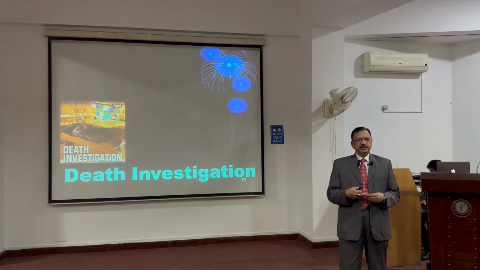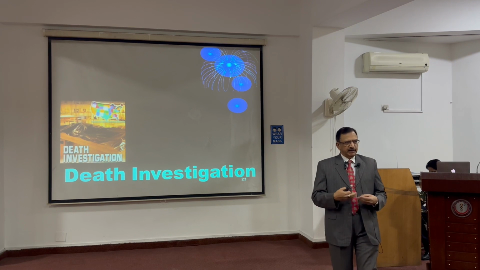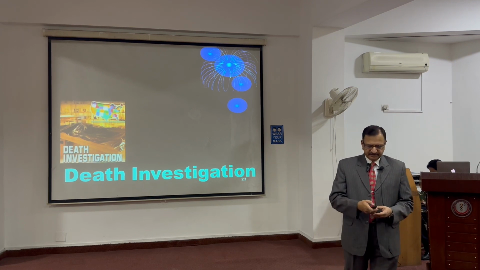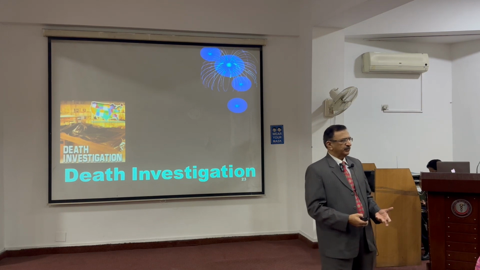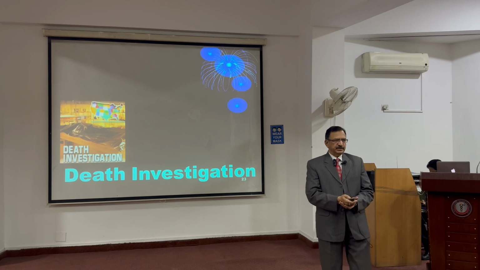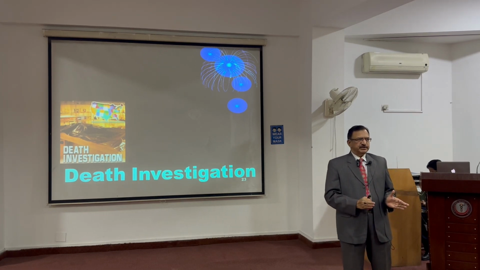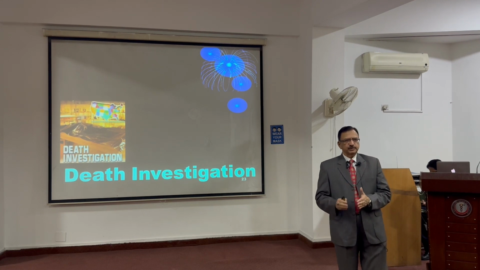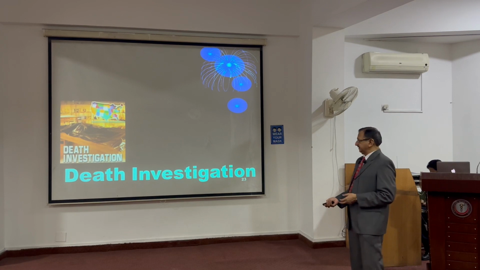And similarly, the health authorities issue, from time to time, instructions and guidelines for conduction of autopsy, collection of material, in exhumation, at autopsy, or whatever is indicated. So in our country, the Criminal Procedure Code sections, police rules, and health instructions form the framework for death investigation.